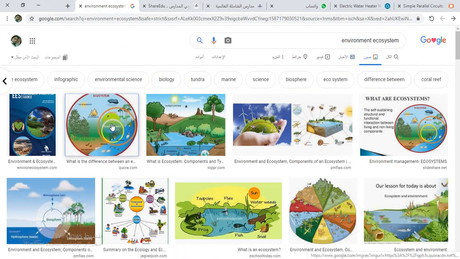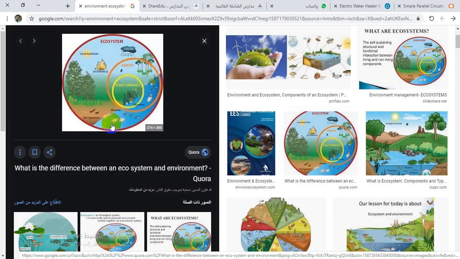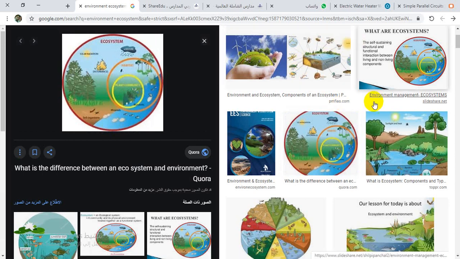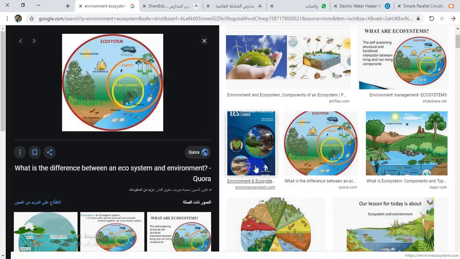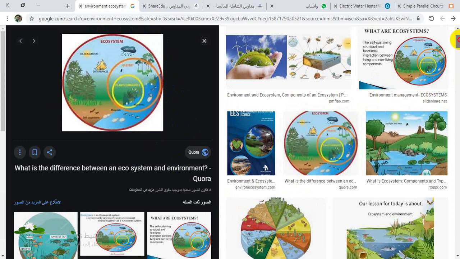This image is not clear. I'm trying to find something different here. This is the ecosystem. They give us only an example of ecosystems. I am looking for something different here.